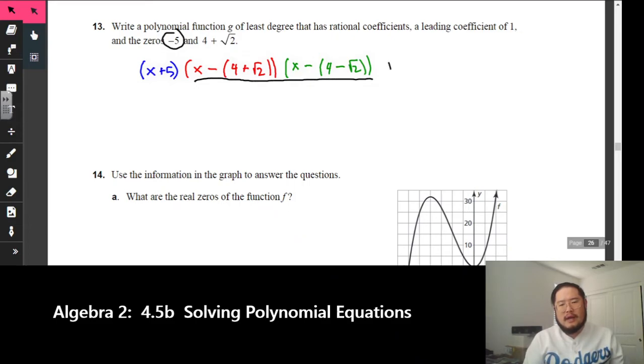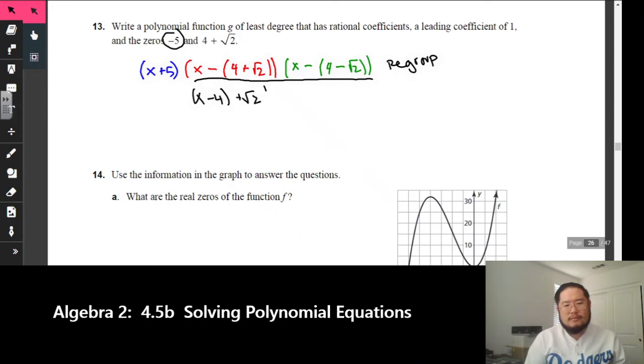I'm going to go ahead now and regroup. What do you mean by that? I'm going to change this to x minus 4, in parentheses, and then plus rad 2. And over here, once again, I've got x minus 4 in parentheses, minus rad 2. And let's go ahead and multiply these two together, sort of.